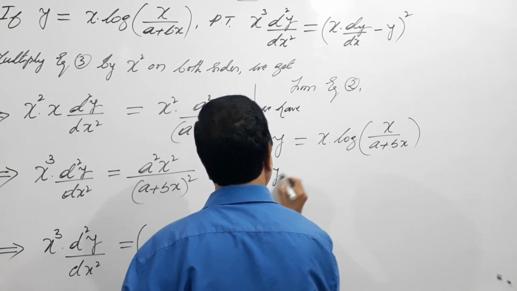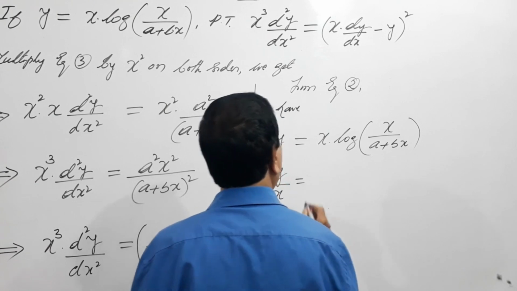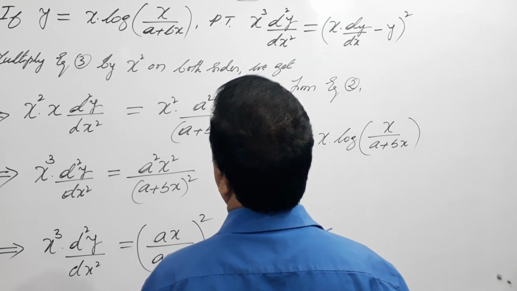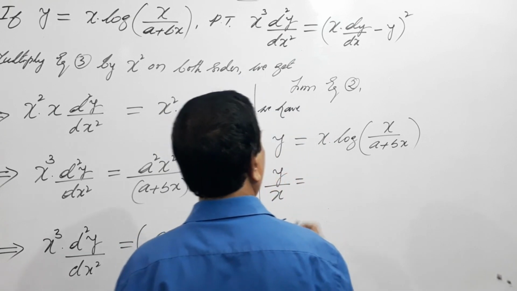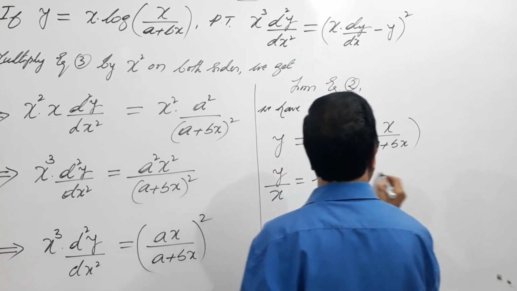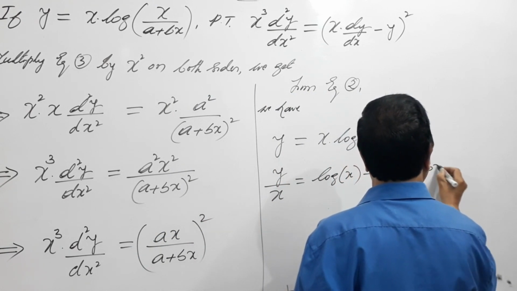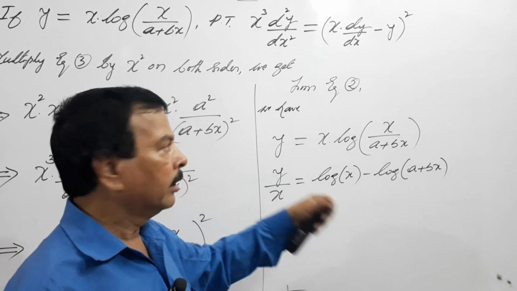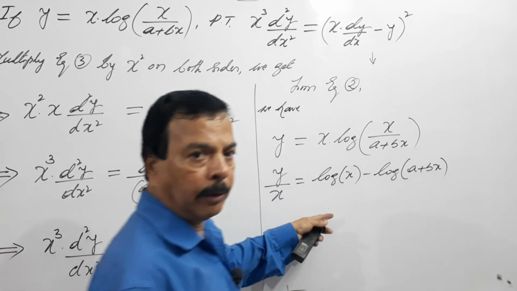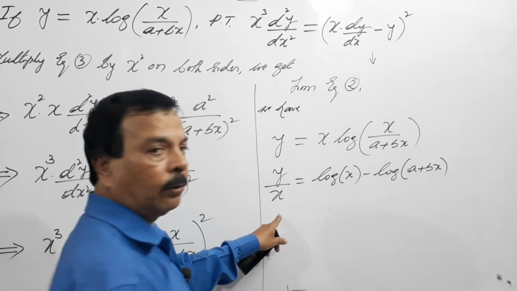That is y by x equals log x minus log a plus bx. I already did this. I have to go back because I need this equation. So once again I am trying to show you how I got this. Here we took a quotient rule and we solved it.